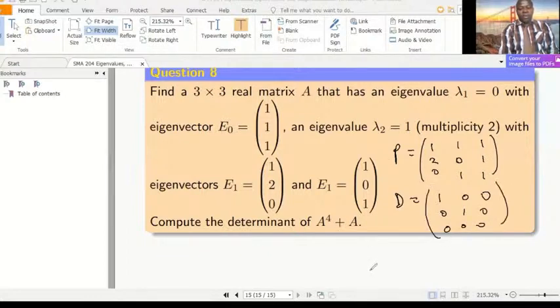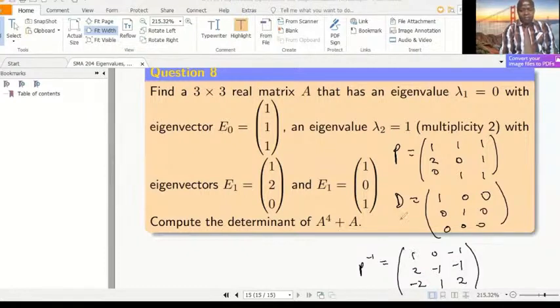Now we can find P inverse. You know how to get the inverse of a matrix. And P inverse, I was getting 1, 0, negative 1, then 2, negative 1, negative 1, then negative 2, 1, 2. If you don't know how to get the inverse of a 3 by 3 matrix or higher order matrices, then you can check one of my previous videos on how to do the same.